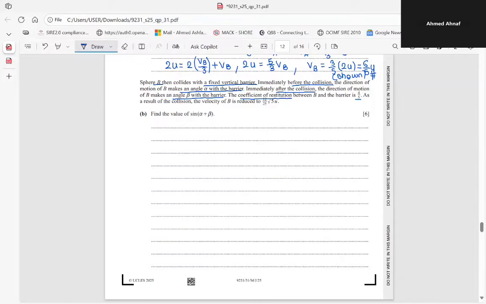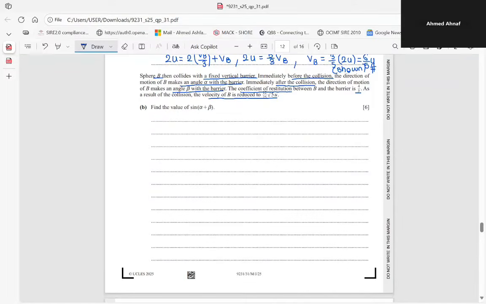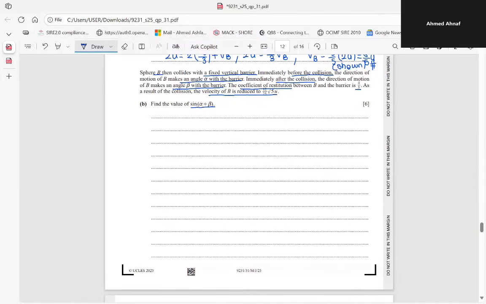As a result of the collision, the velocity of B is reduced to 12 over 25 square root 5u. Okay, so for this part, we have to find the value of sine alpha plus beta. To do this, we first have to know what sine alpha, cosine beta, cosine alpha and sine beta mean. Then we can apply it in the addition formula. So we have to find those first.